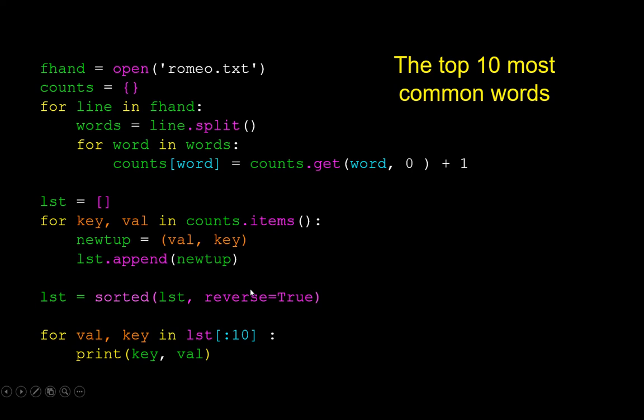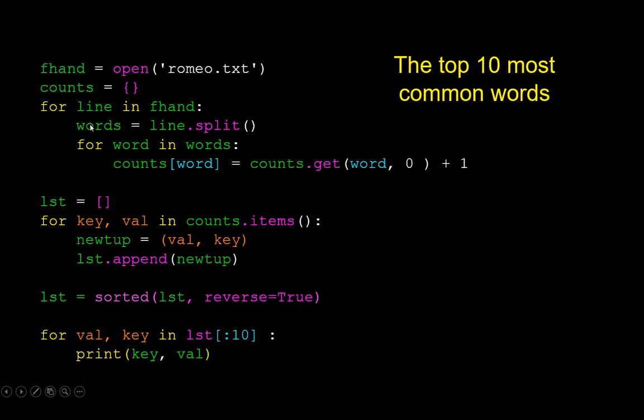Okay, now we want to find the top 10 most common words in a file. The way we do it is we open the file name and put it in the file handler variable. We create a dictionary called counts.